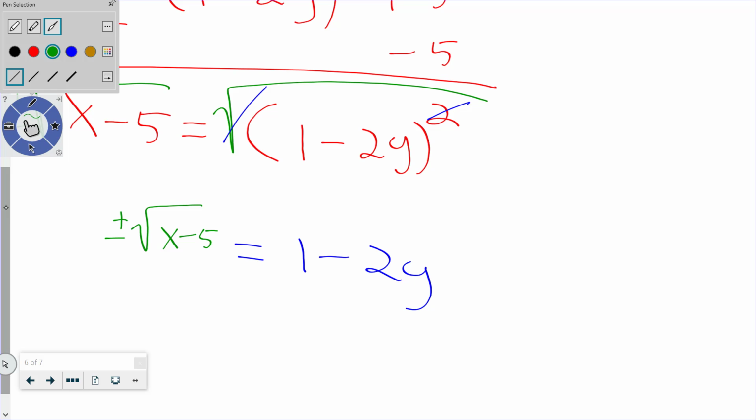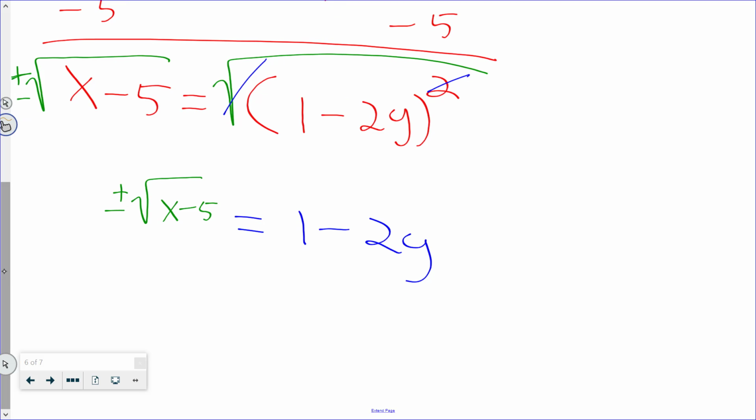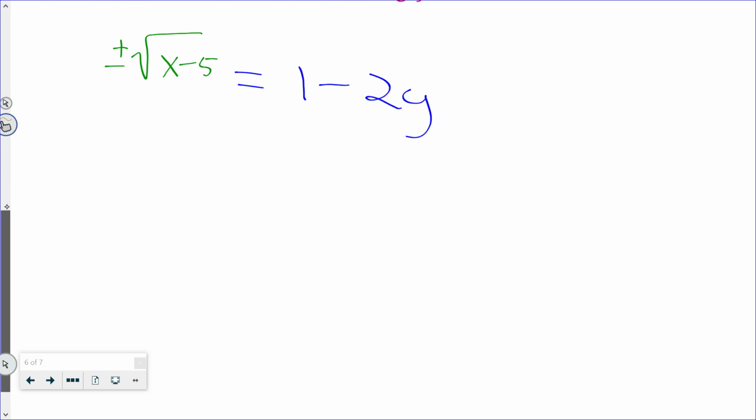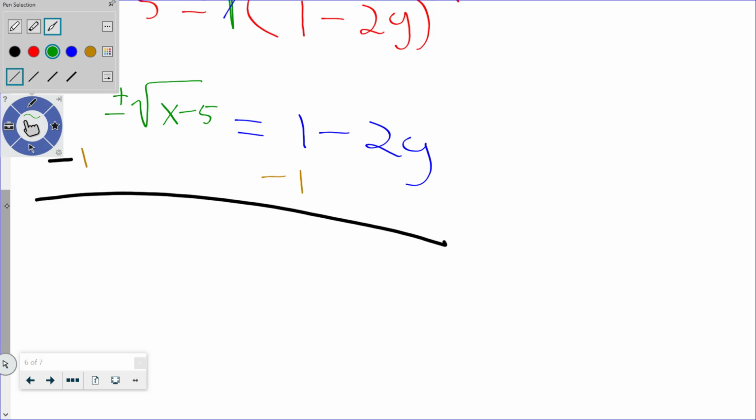Almost there. Somebody other than Nicole, Brianna, and Michael. Someone new. Tessa. Subtract 1 from both sides. This cancels out. The only thing left on the right side is negative 2y.